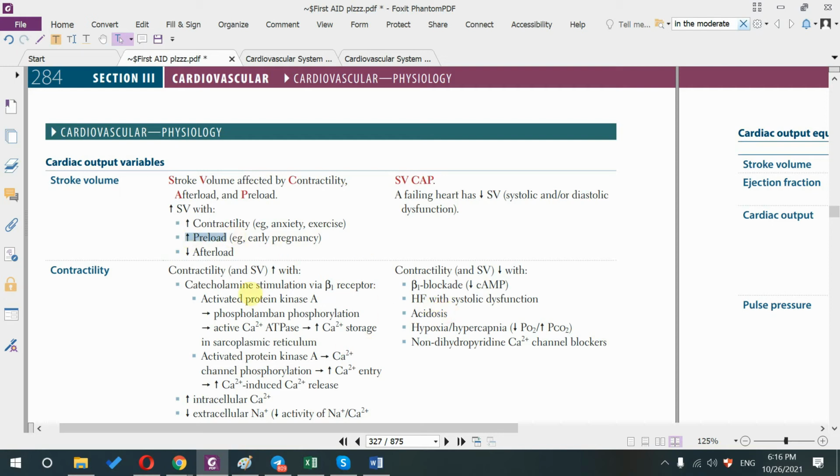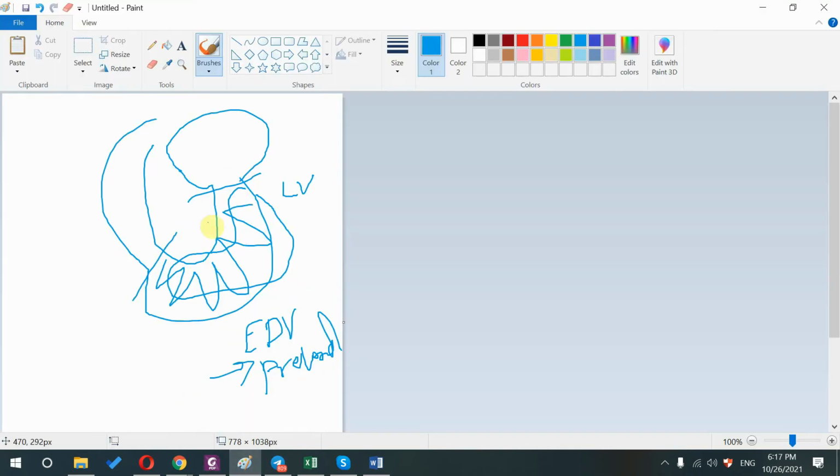Yeah? And also, one more thing that affects your stroke volume, if you look here, if I want to push blood from the left ventricle to the outside, to the aorta, if I have so much resistance against it, the amount of blood pushed outside of the ventricle will reduce. If you remember, like we took in school, if you have one arrow going here, one arrow going here, they cancel each other.